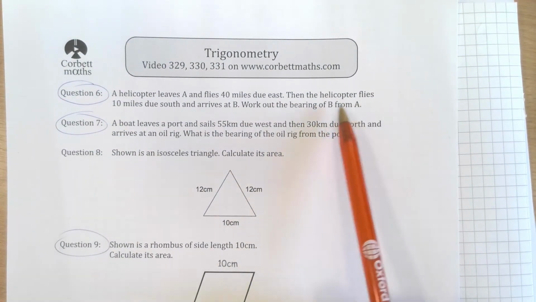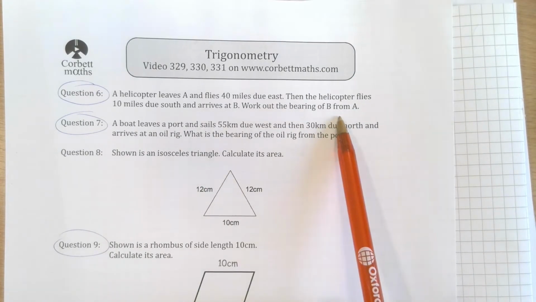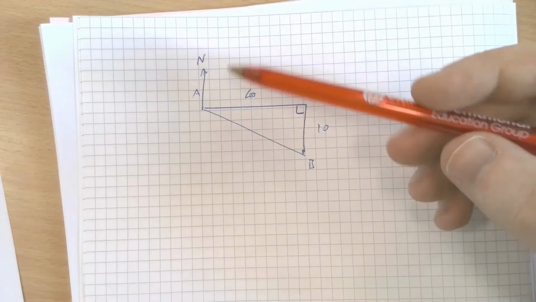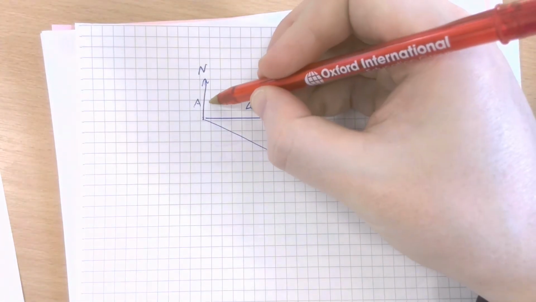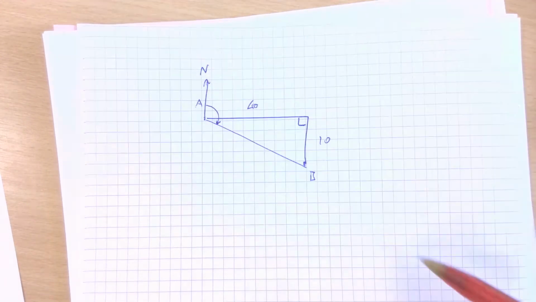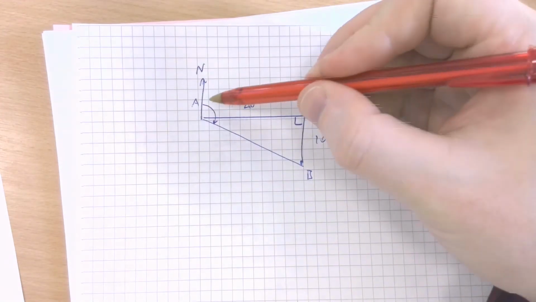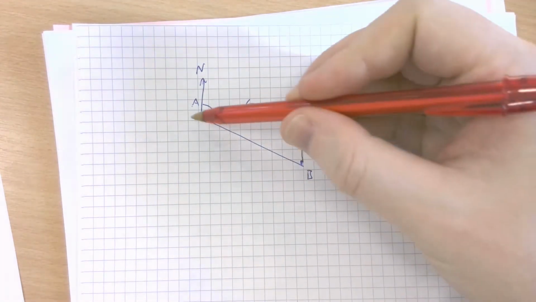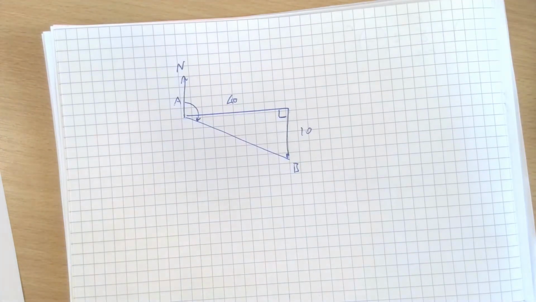Because the wording of this question says from A, I'm starting, therefore, from A. So I draw a north line straight up from A, and then measure an angle clockwise in this direction. Okay? And the angle between the north line and the line that joins points A and B is what I am calculating. That makes sense.